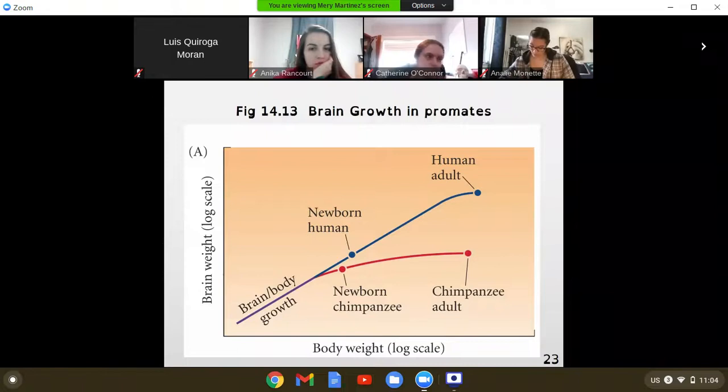So it has been suggested that we are extrauterine fetuses because normally the brain continues to grow during the first year. By using electroencephalograms of brain activity, the first sign of brain activity normally is seen at 7 months of gestation.